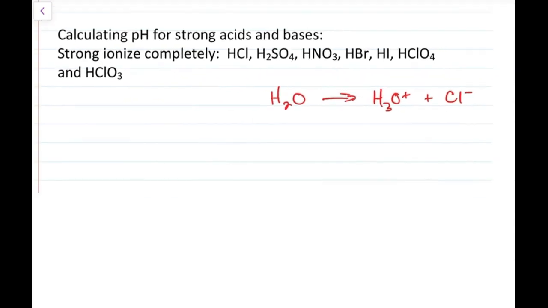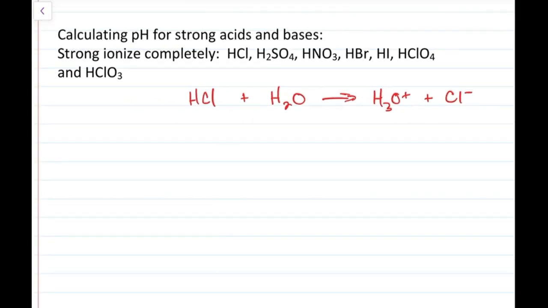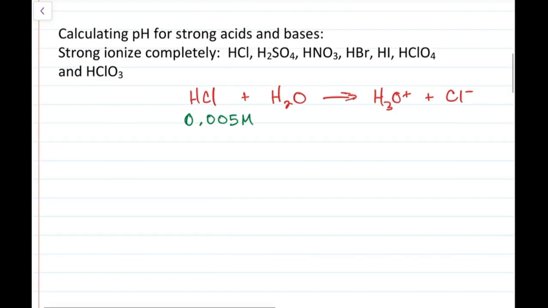And that's important because what that means is whatever molarity of HCl I use, let's say I have 0.005 molar HCl, that's going to result in the exact same molarity of hydronium. And that's going to allow me to find the pH very easily because of this 1-to-1 ratio that always exists between the acid and the hydronium, and because it ionizes 100%.